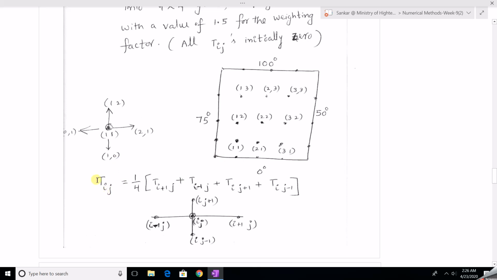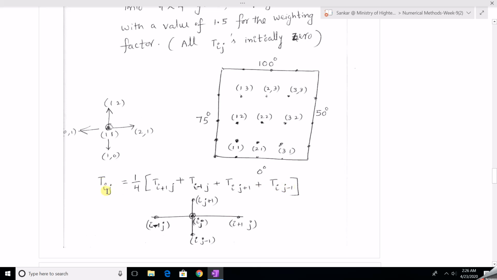In general, this is the formula for Tij: 1 over 4 times the next point along the x-axis, the previous point along the x-axis, the point above along the y-axis, and the point below along the y-axis.